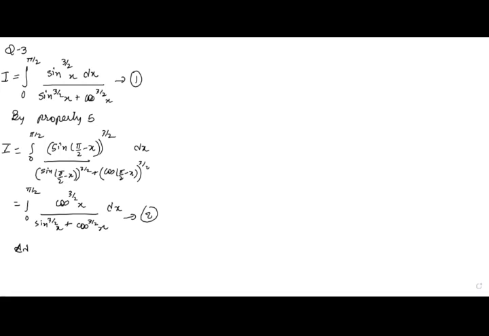Adding 1 and 2, I plus I is 2I, integration 0 to pi by 2. I am taking just a common integration, as both of them have the same limits.